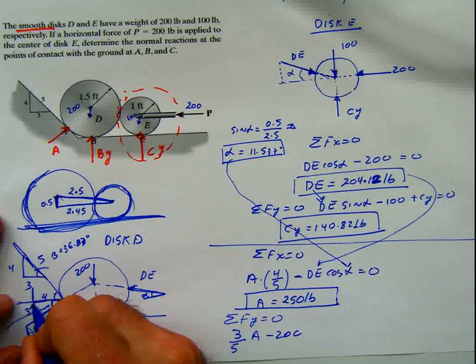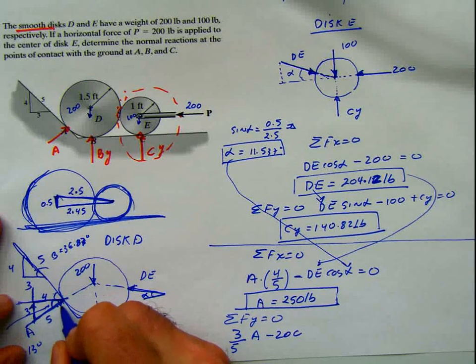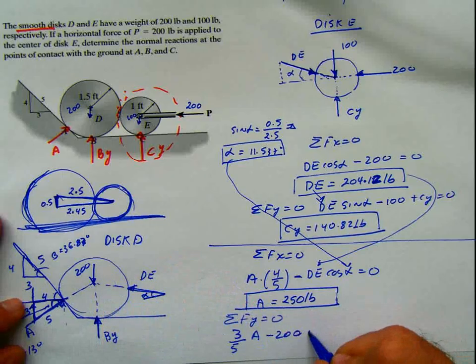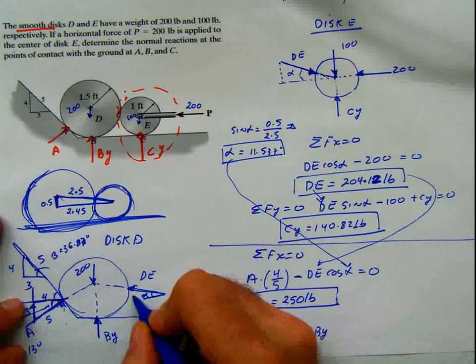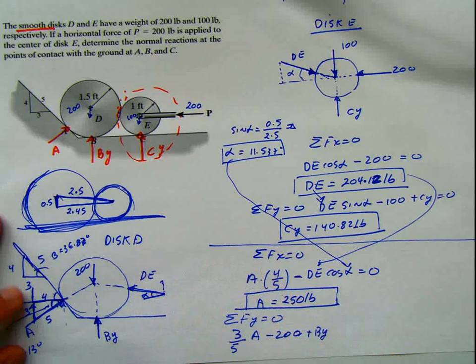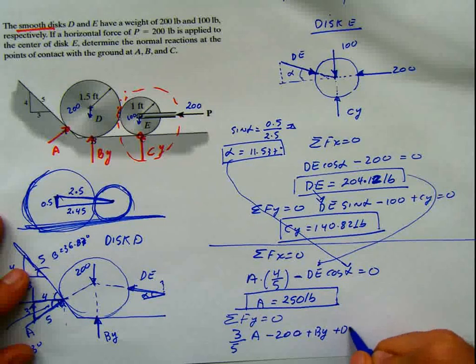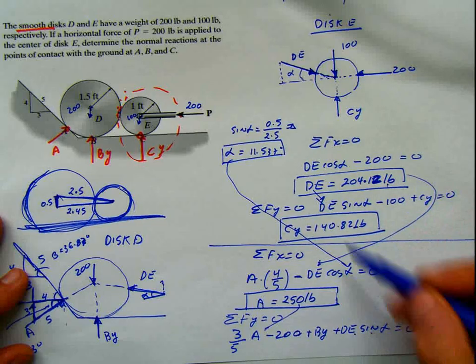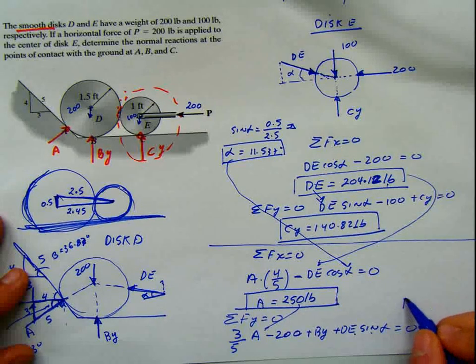Remember, 3/5 of A is this component here, minus 200, which is the weight, plus By, and then I have the vertical component here, which is plus DE sine alpha equals 0. Once again, I know A, I know DE here, and I know sine alpha, and this is going to give me a value for By equal to 9.18 pounds.